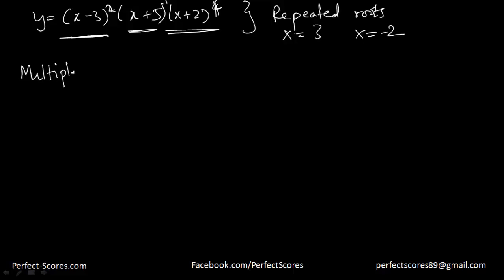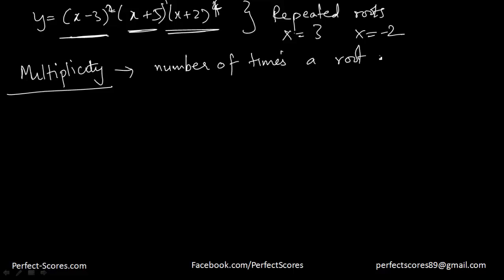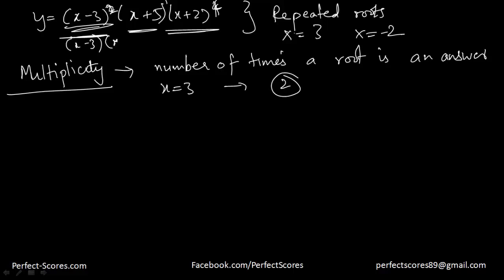So what is the meaning of multiplicity of a root? Multiplicity of the root is the number of times a root is an answer. For example, here the multiplicity of x equal to 3 is 2. As you can see, it's (x minus 3) raised to the power 2. It's actually (x minus 3) into (x minus 3).